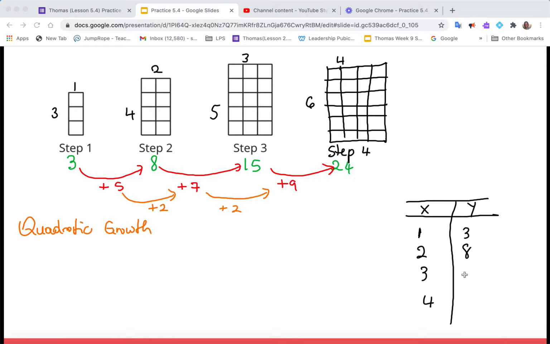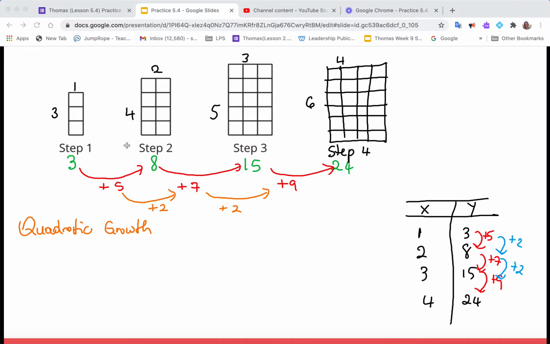Step 3 has 15, and step 4 has 24. And we have noticed that it's changing, adding plus 5, then plus 7, then plus 9, and also seeing that that rate of change is changing constantly by adding a plus 2.